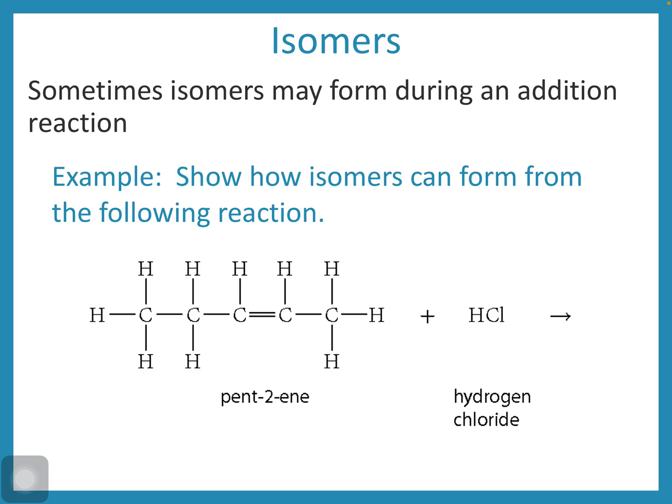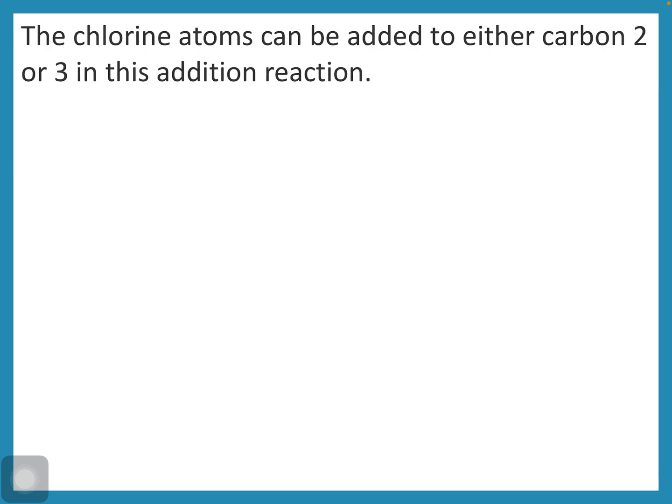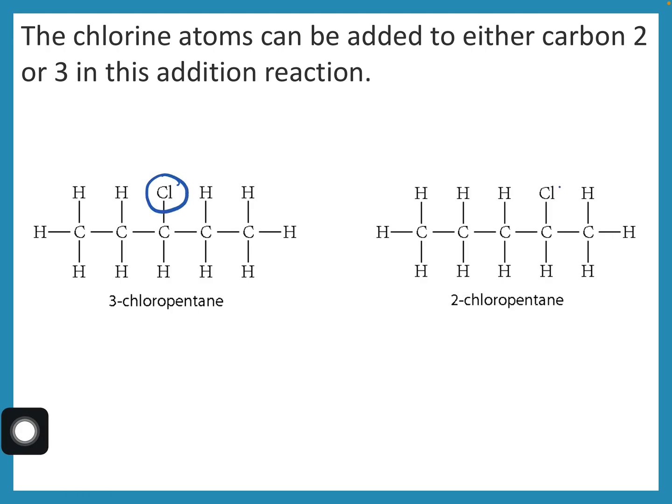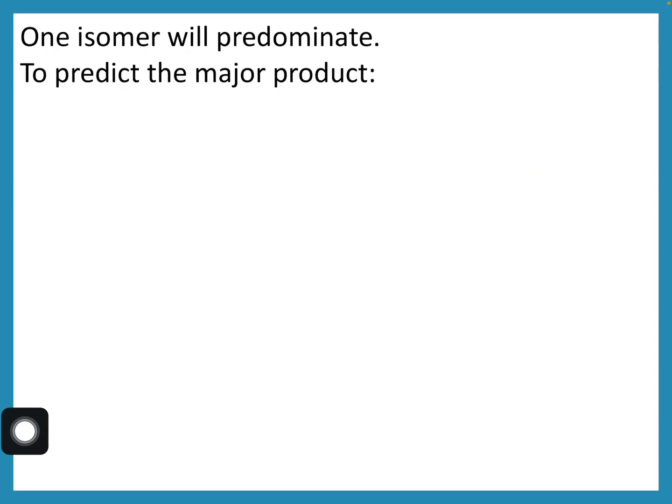So it could attach to the second or the third for the chlorine in terms of the name. So we could have a 3-chloropentane if the chlorine adds to the third carbon, or we could have a 2-chloropentane if it adds to the second carbon. So both of these are going to be products in that addition reaction.